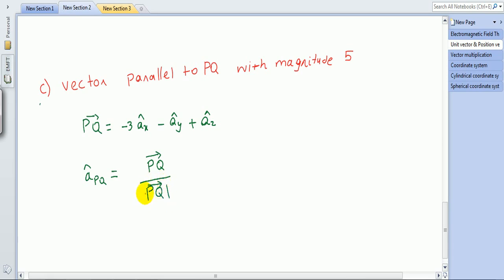The PQ vector is -3 ax cap minus ay plus az cap, divided by its magnitude, which can be found by squaring the respective components and then adding them.